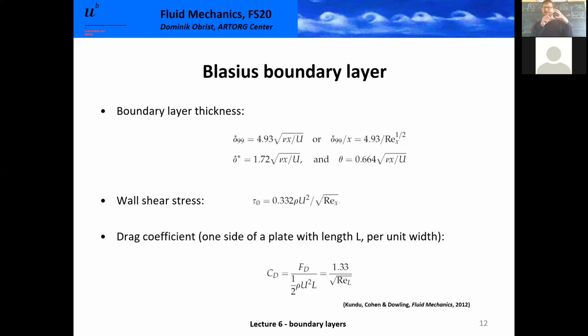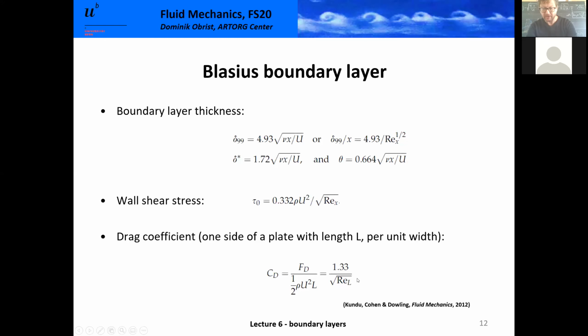There we had a drag coefficient which was 24 divided by Reynolds. Now we have a drag coefficient which is 1.33 over the square root of Reynolds. But again, it has been shown that the non-dimensional drag coefficient can be expressed in terms of a Reynolds number and nothing else.